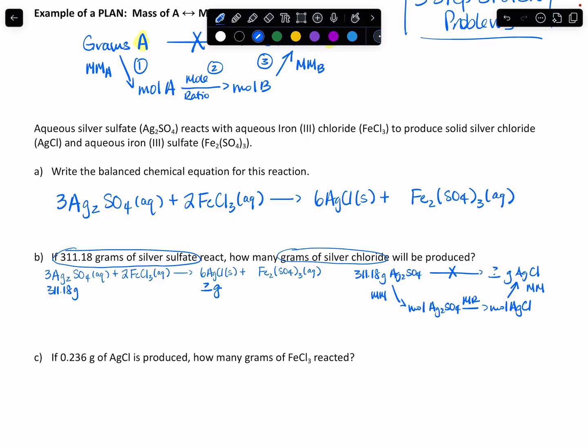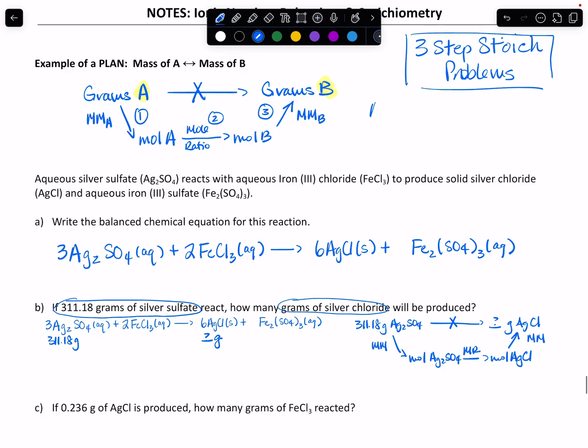All right, so as soon as I see that I'm going to need all these molar masses, I just pause and calculate the molar mass. I'm actually going to write them up above just so I can remember them for later in the problem. So Ag2SO4, that's 2 silvers, a sulfur, and 4 oxygens. If I use my periodic table and plug it all in, I find that that's 311.81 grams per mole. I'll look at FeCl3, so 1 iron and 3 chlorines.